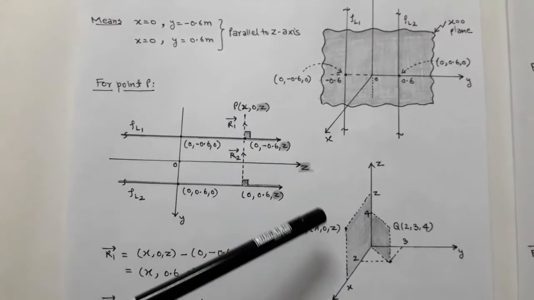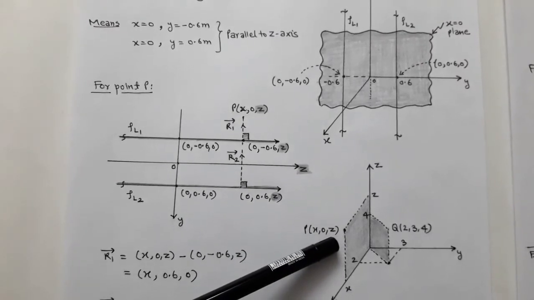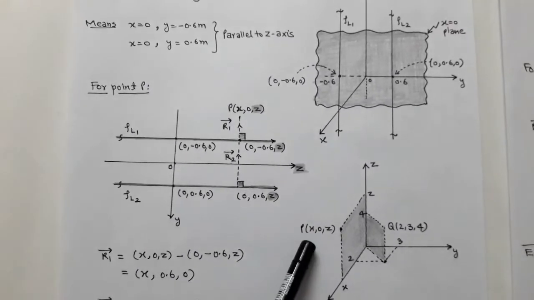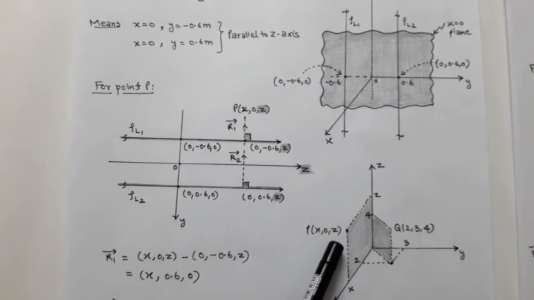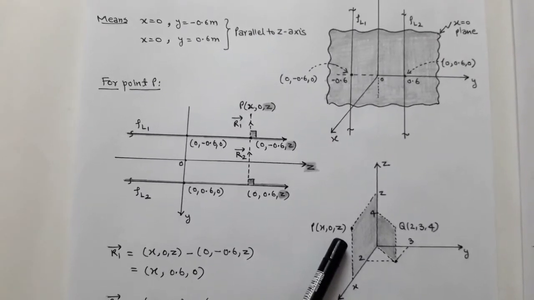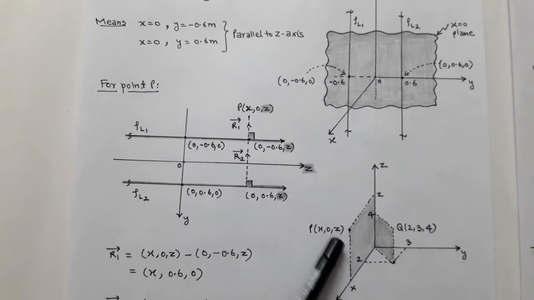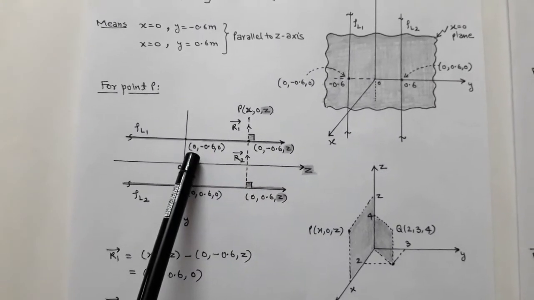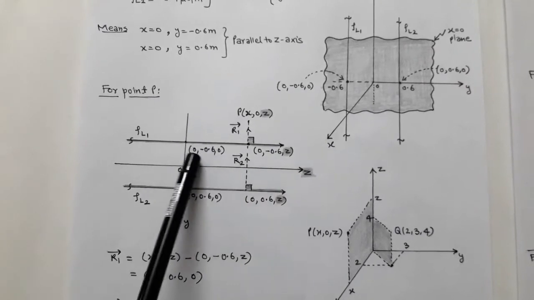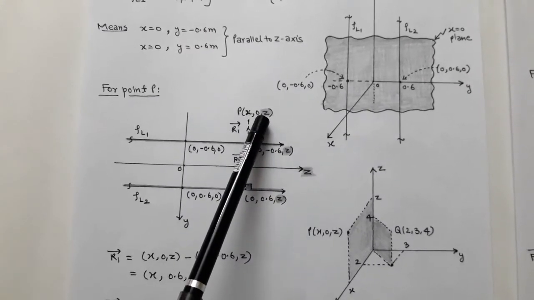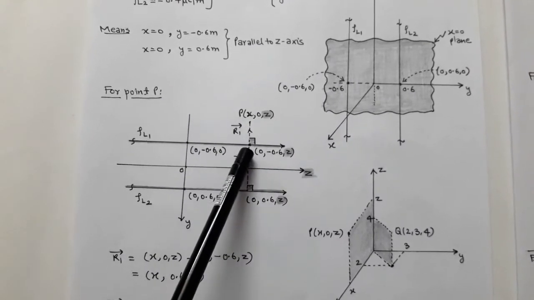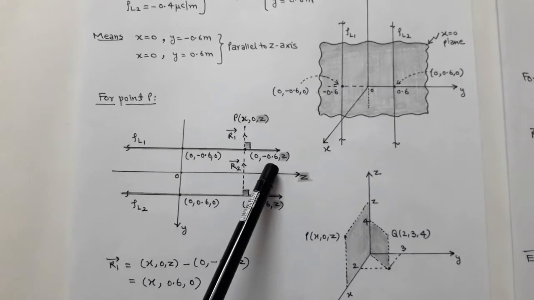Now the point P having coordinate x, 0, z, so the z coordinate is z. So we move the given point, that is 0, minus 0.6 and 0, such that its z coordinate is constant, means equal to z. So the perpendicular point on this line is 0, minus 0.6 and z.